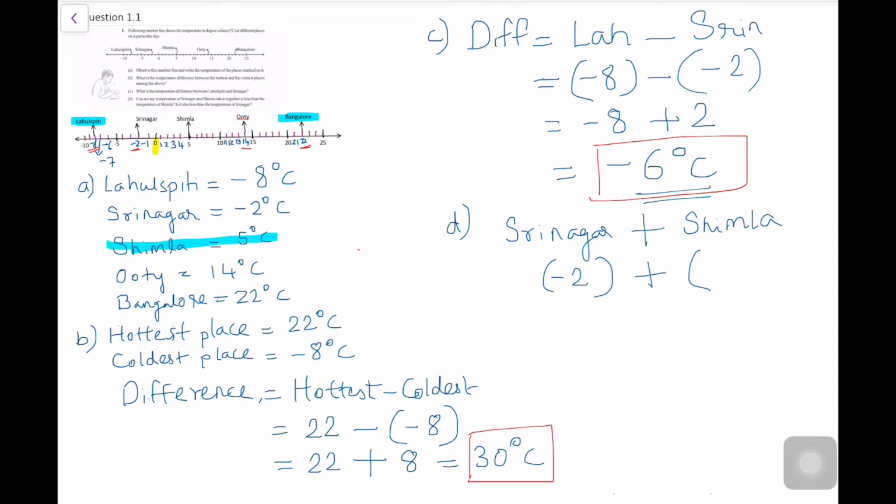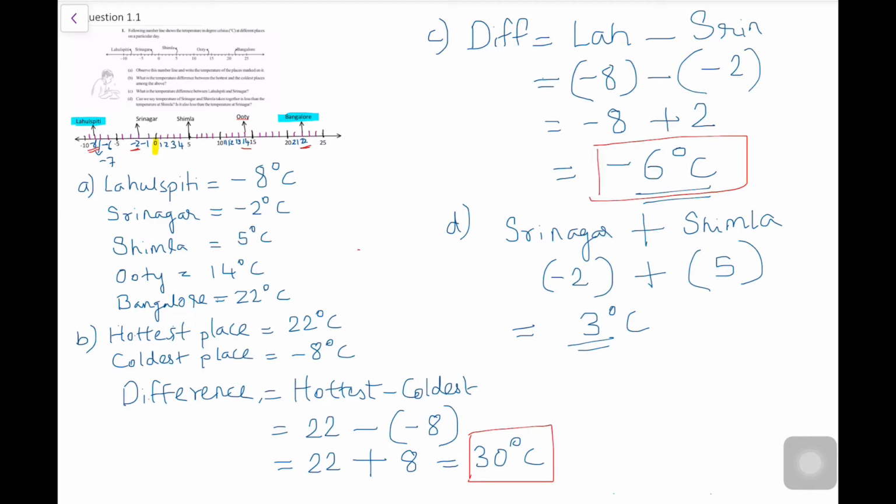Sorry, it is positive 5 degrees Celsius. Okay, so I'll write down the temperature of Shimla here, which is 5. Now when I add, it is negative 2 plus 5, means I have to subtract 5 minus 2. The answer will be 3. Okay, 3 degrees Celsius is the temperature of Srinagar and Shimla taken together.